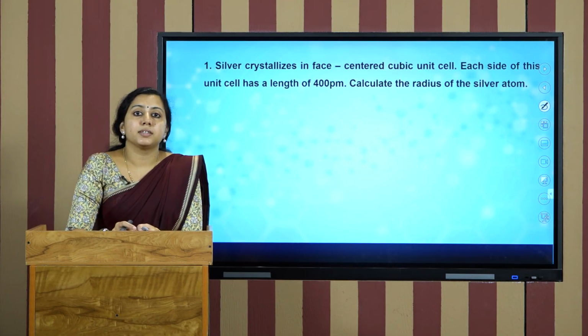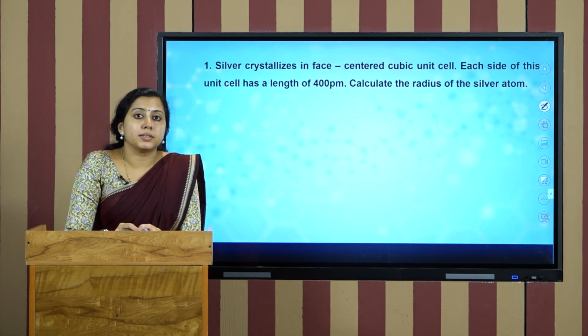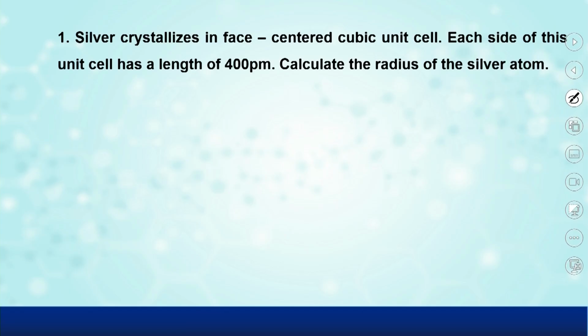Now, let us discuss a few questions based on the calculation of the edge length or calculation of the radius. The first question: silver crystallizes in face centered cubic unit cell. Each side of this unit cell has a length of 400 picometers. Calculate the radius of the silver atom.